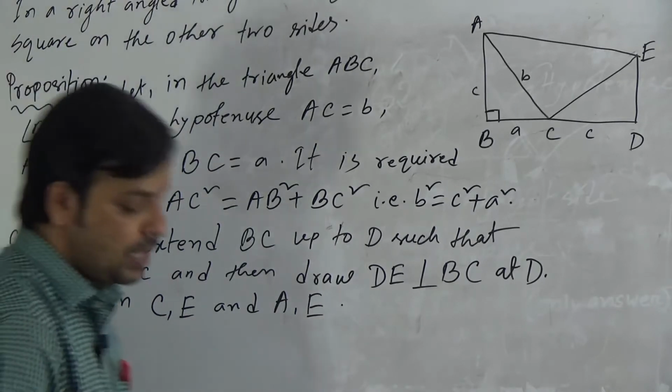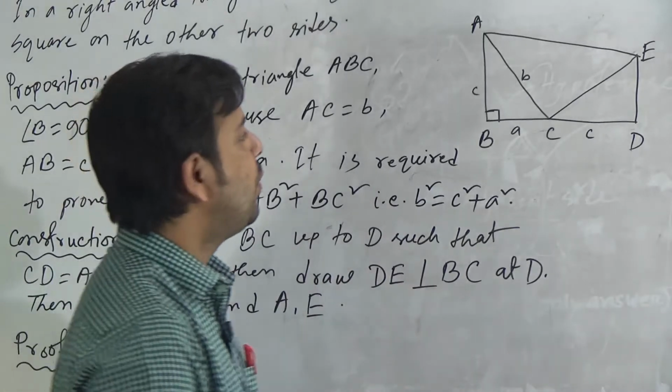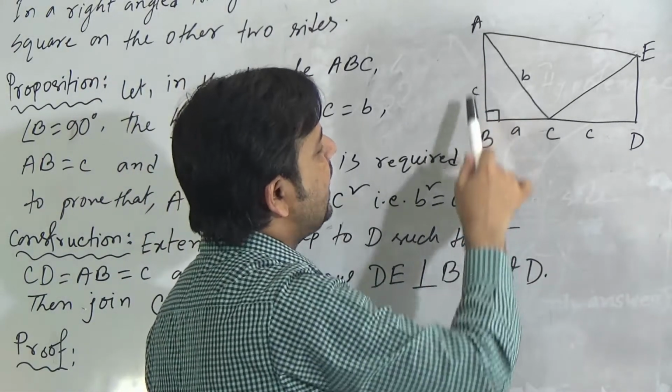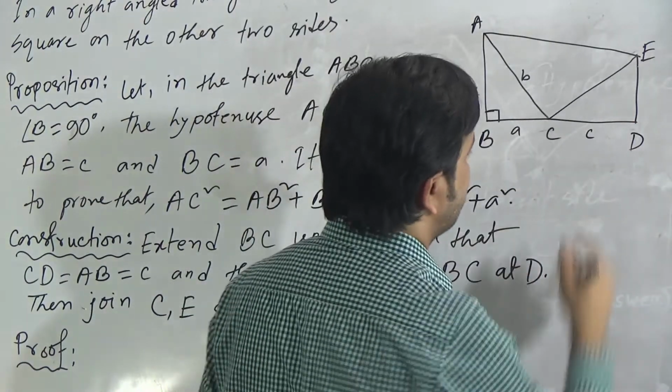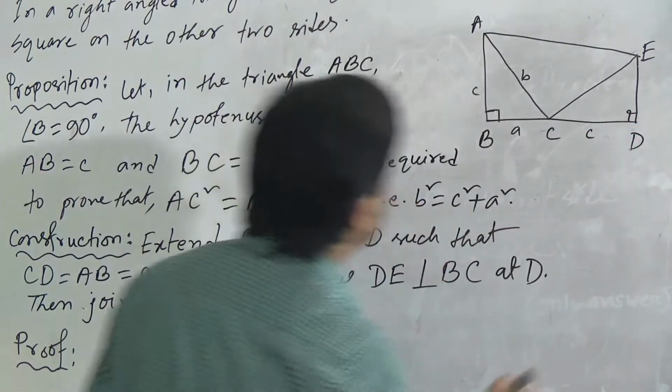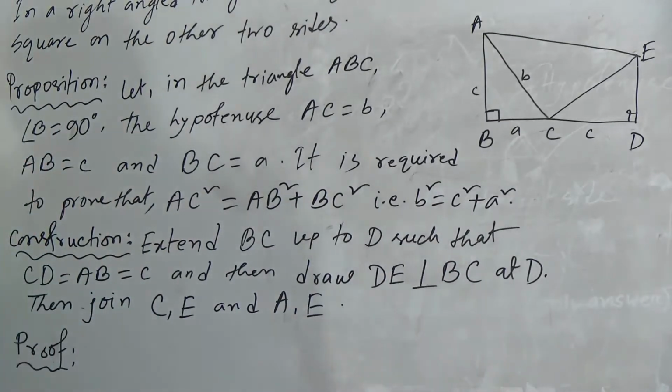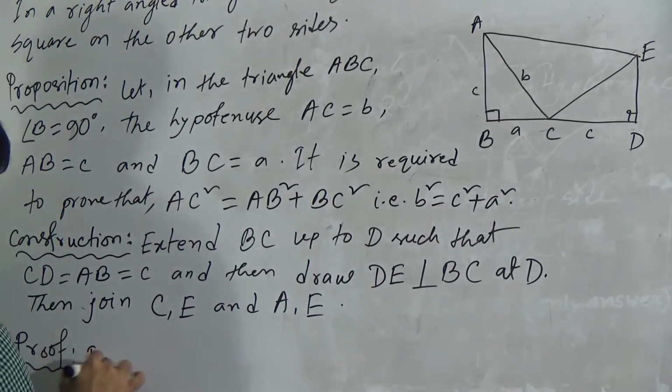Dear students, in the first step, we will compare these two triangles ABC and ECD. Here DE is also perpendicular. Now we can write here step 1.